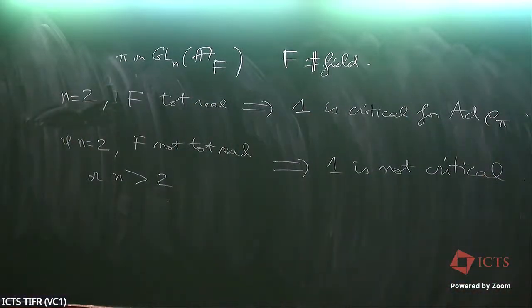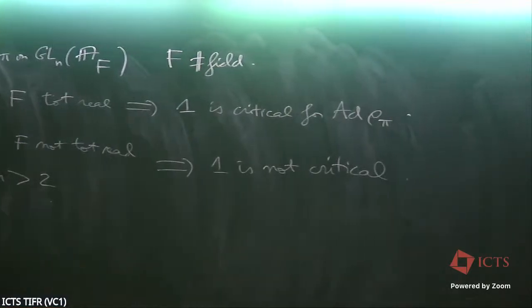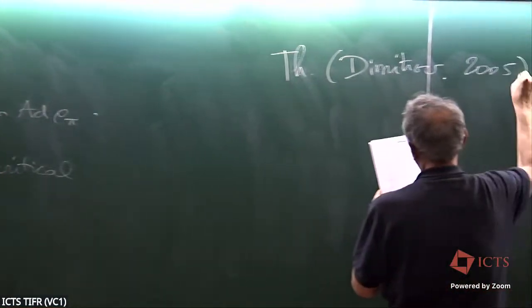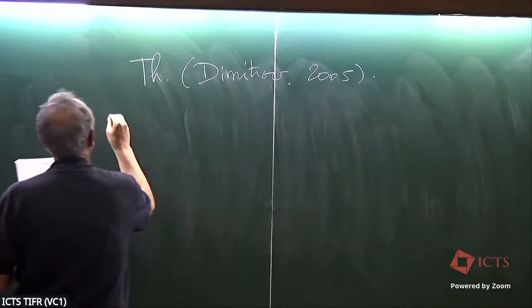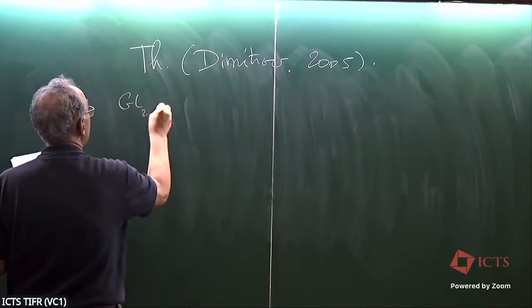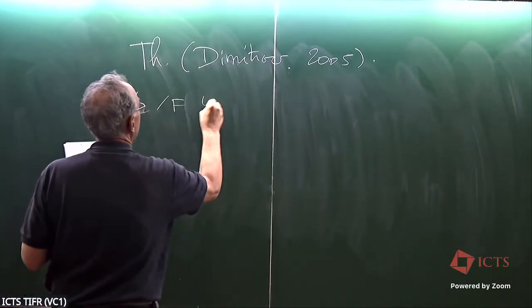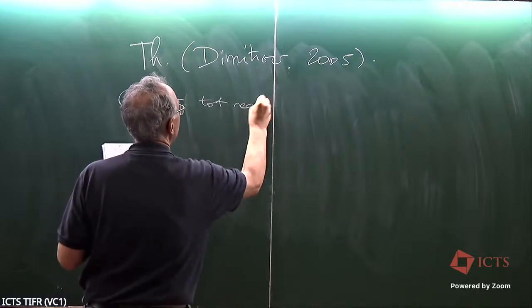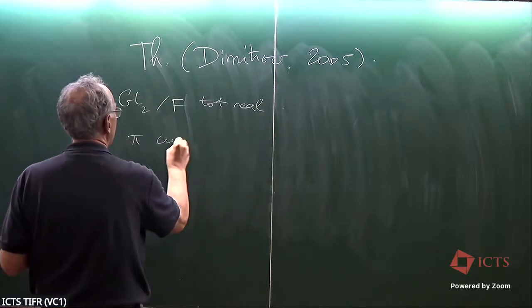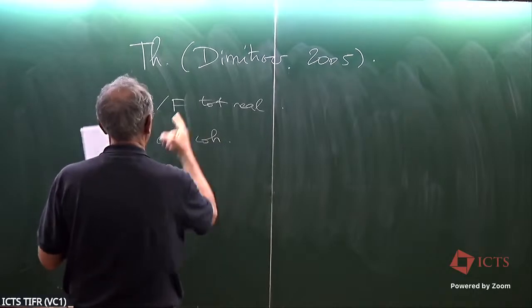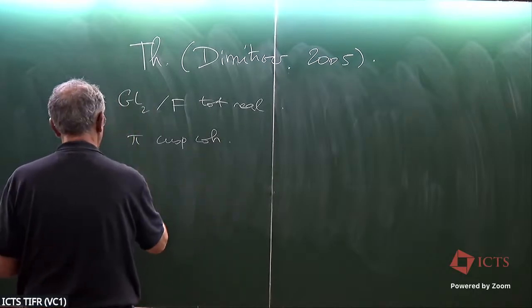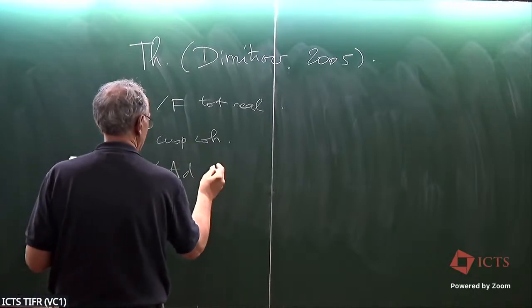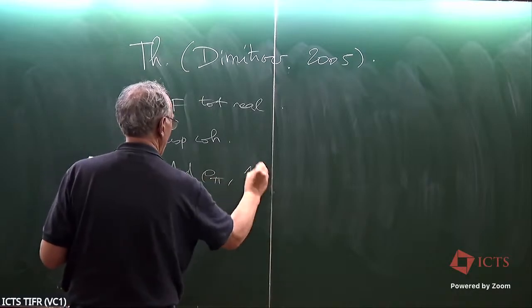So I remind you the theorem of Dimitrov. This is 2005. So you take GL2 of a totally real field. You take pi cuspidal, cohomological, and you take ad rho pi at 1.